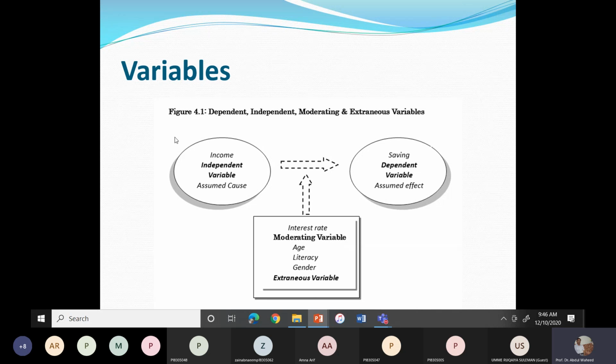Okay, so this is the case when we are studying the income relationship. Then these are the additional variables. So the core variable for the saving model or saving function is income. Okay, because we know that income is the core variable that affects saving, and then these are the additional variables: interest rate and age, literacy and gender, all these.